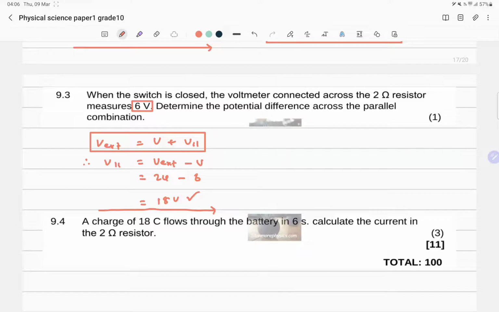And this is essentially the total voltage of the circuit. Sometimes you can write V tot, if you like, equals V 2 ohm resistor plus V parallel. There's plenty of ways you can write it, so you can be creative. You can decide how to show this, but at the end of the day, that is what it is.